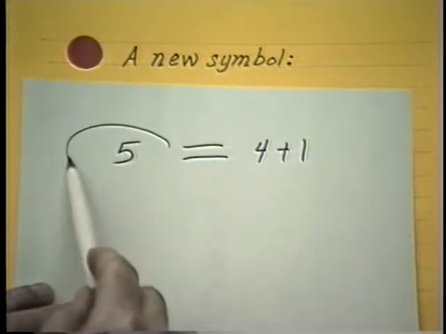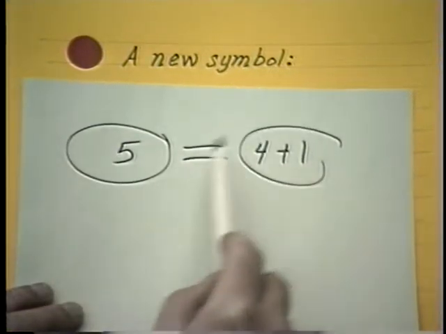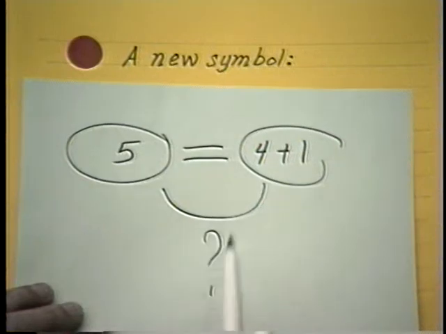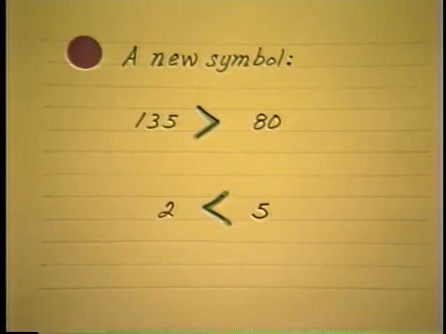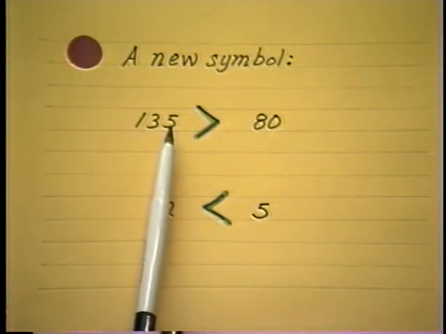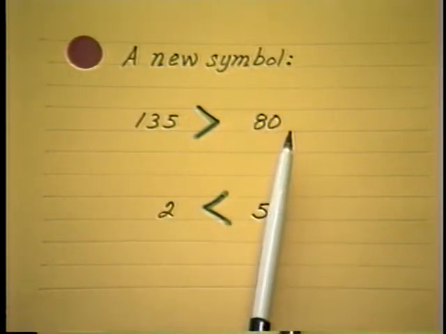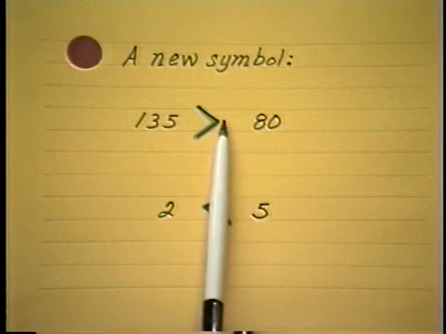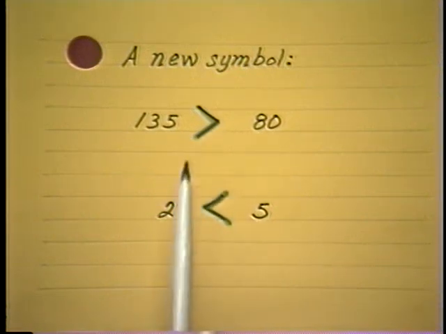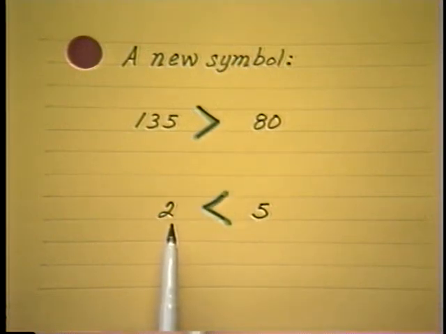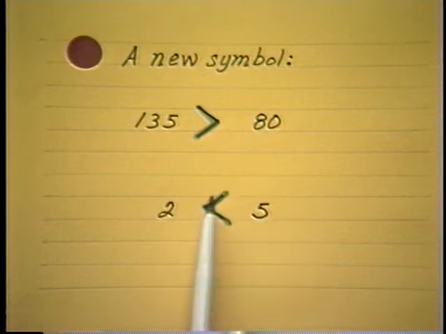But often you have two expressions which don't stand for the same number. So for those cases we need a new symbol. 135 is greater than the number 80, and that's what this symbol will mean, greater than. And 2 is a lesser number than 5, so this symbol will mean less than.